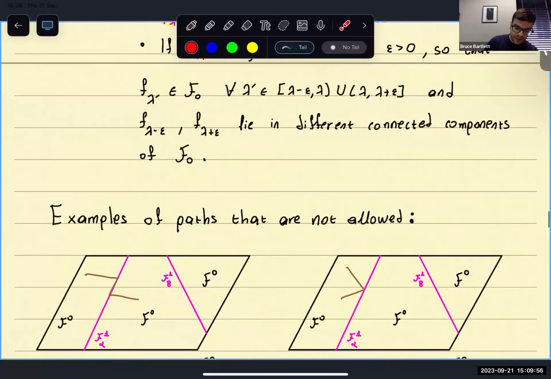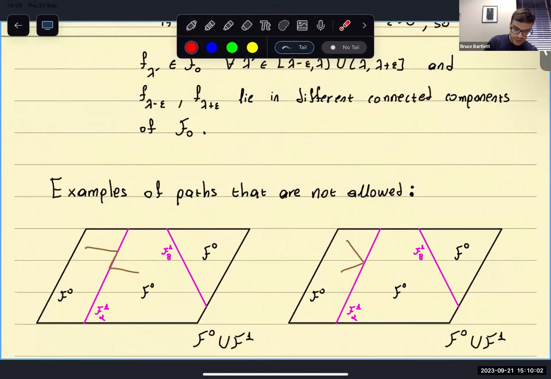This is the path that violates this last condition, because no matter how close I look into this intersection, all the points that are away from the intersection will be in the same connected component. So it's basically a path where I start with a Morse function, which is excellent Morse, and then at some point I hit F1, but then I change my mind and immediately go back, and I don't want to allow these things.